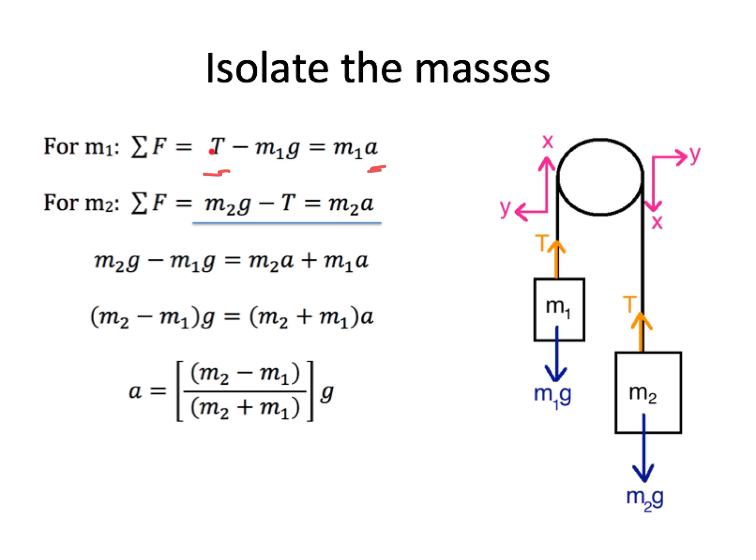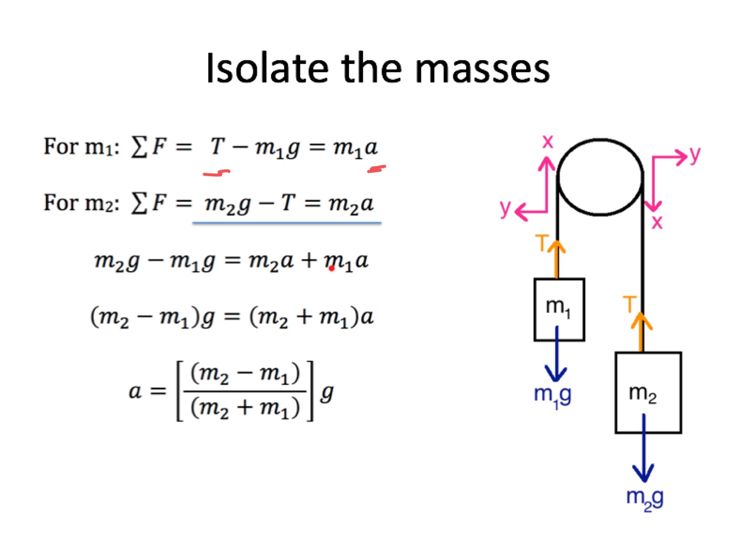And so I'm going to have T minus M1G plus M2G minus T. The T's are going to cancel, and on the left-hand side, I end up with M2G minus M1G. That's from adding these together. And then on the right side, I'm going to have M1A plus M2A.